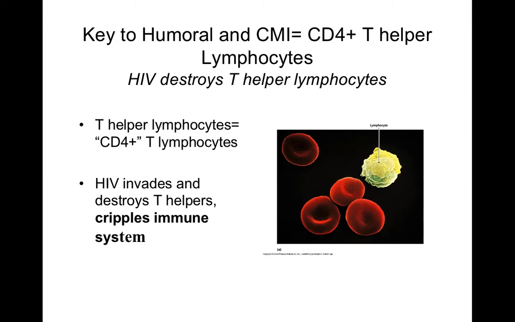And that usually occurs, I believe, when our T helper lymphocyte concentration drops below 200 T helpers per microliter of blood. In a normal immunocompetent person, usually your T helper blood concentration is around 800 to 1200 T helpers per microliter of blood. So below 200 T helpers per microliter of blood, our immune system collapses.